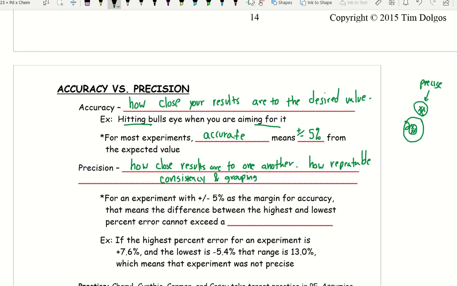For an experiment with plus or minus 10% as the margin for accuracy, the difference between the highest and lowest values cannot exceed 10%. So if I weigh 120 kilograms and I'm measuring on a scale and the scale says it's within 5%, that means it can be 5% above or 5% below, but it can't be beyond that, and that range is 10%, if that makes sense.